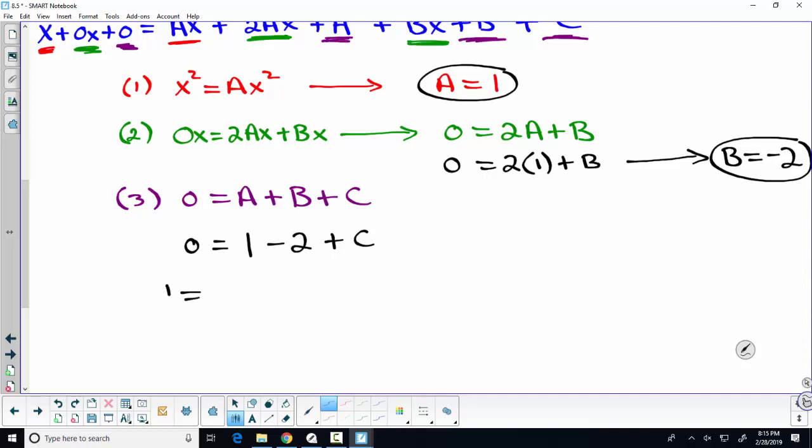That means C is equal to 1. It's easy. Any questions on that?